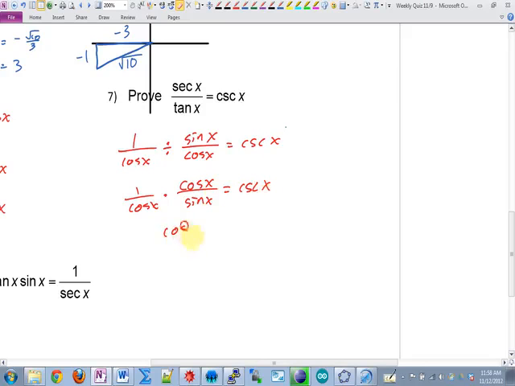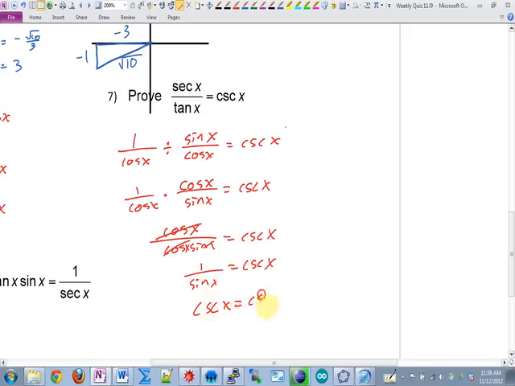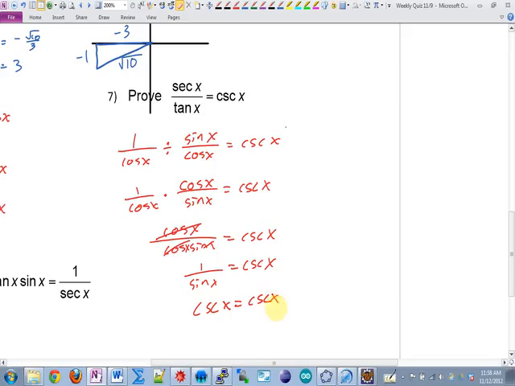Multiply these fractions, you get 1 times cosine over cosine times sine. The cosines cancel, you get 1 over sine, which by the reciprocal identity is cosecant. Agreed? Yes. Okay.